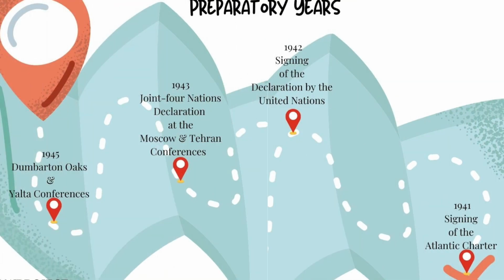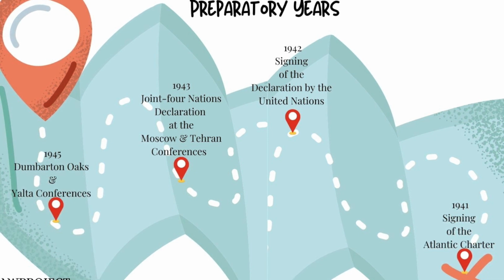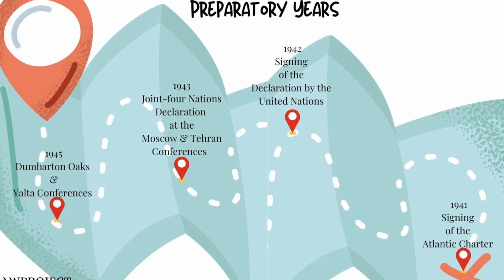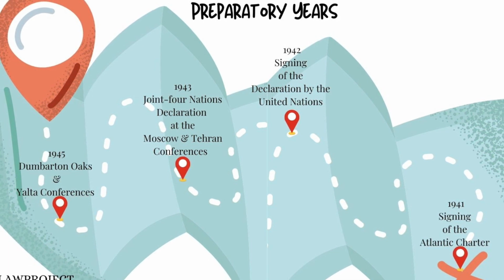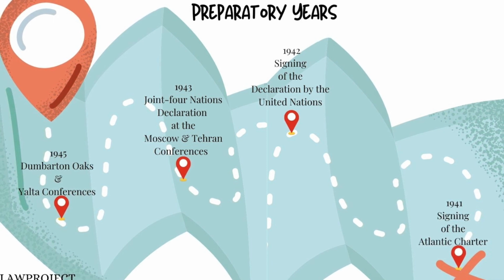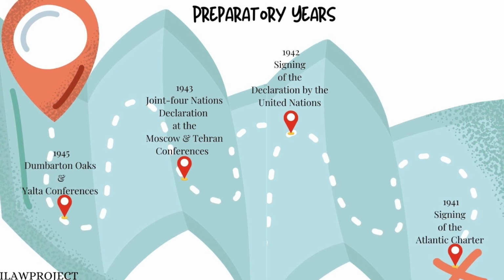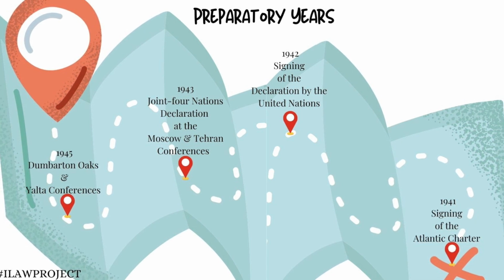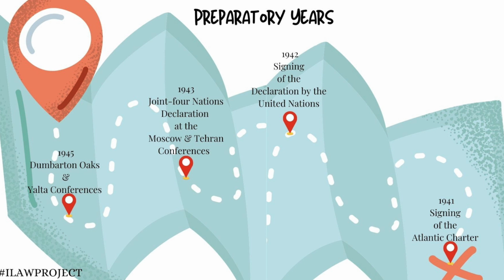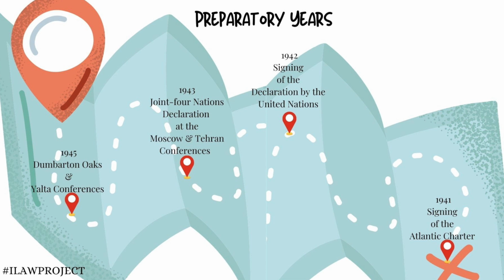Apart from the San Francisco Conference, the preparatory years leading to the formation of the United Nations included the signing of the Atlantic Charter in 1941, the signing of the Declaration by United Nations in 1942, the Joint Four Nations Declaration at the Moscow and Tehran conferences in 1943, and the development of the proposals for the establishment of a general international organization in Dumbarton Oaks and Yalta conferences in 1945.